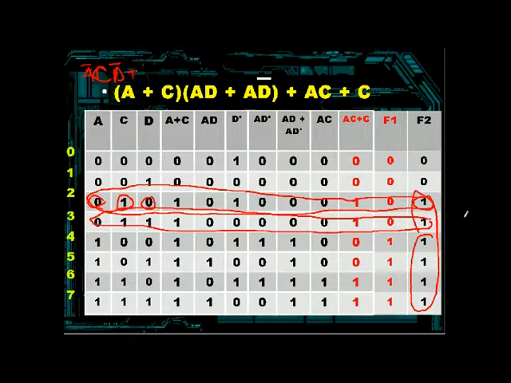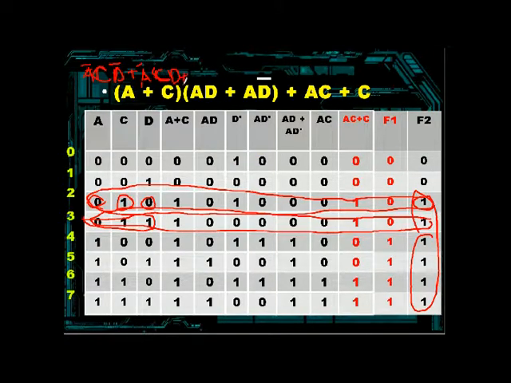This is sum of products plus what? No, I'm taking the second one. Taking this one. And I have A not, C, and D. 0 is not, and 1 is what? Without a not, the original number. D.